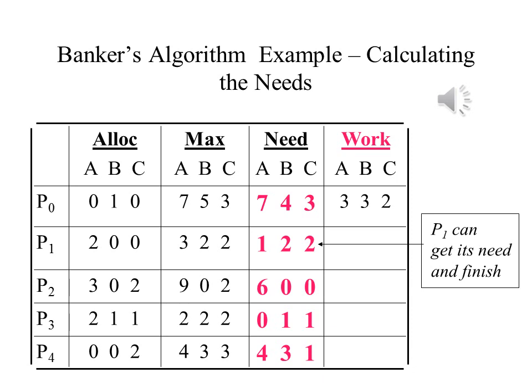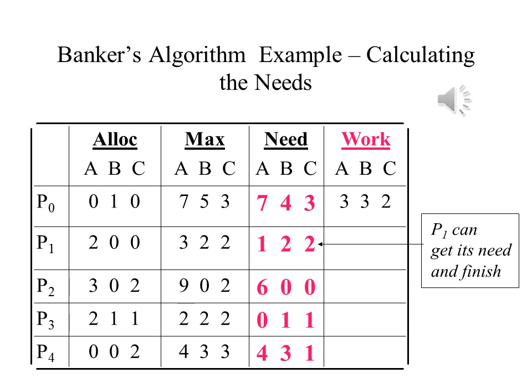7 instances of A minus 0 allocated instances of A equals a need of 7 instances of A. 5 instances of B minus 1 allocated instance of B equals a need of 4 instances of B. 3 instances of C minus 0 allocated instances of C equals a need of 3 instances of C. We now do the same for processes P1, P2, P3, and P4.